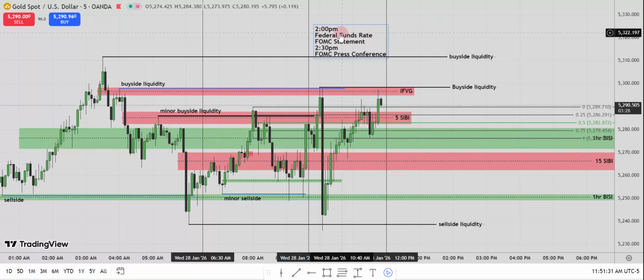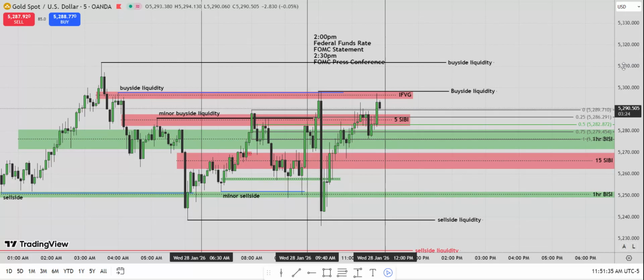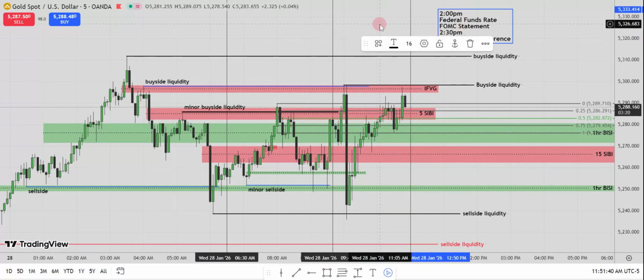I'm not really sure whether it's 2 or 2:30. At 2 and 2:30 we have news events, and we might want to see volatility there. So be aware.